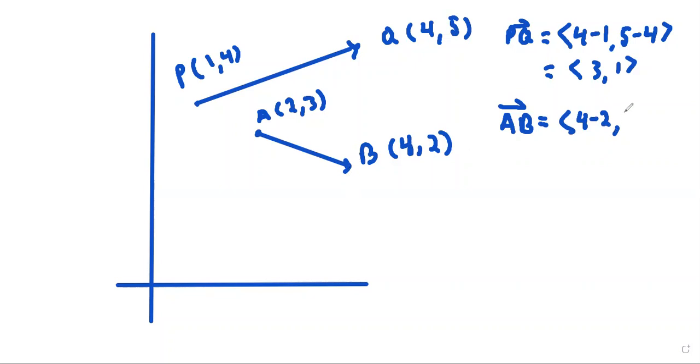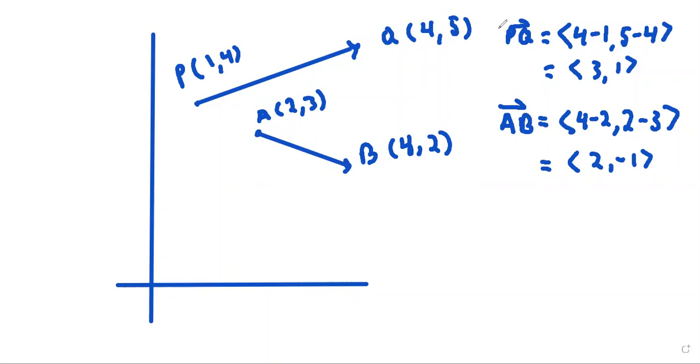So 2 minus 3. So AB can be described as 2, minus 1, correct? We go 2 in the x direction and then 1 unit downwards. That's how, if we were to sail from island A to island B, this would be how we get there. We have to go 2 units to the right and 1 unit downwards.